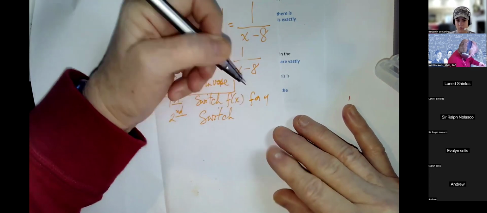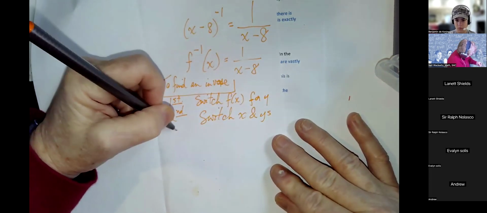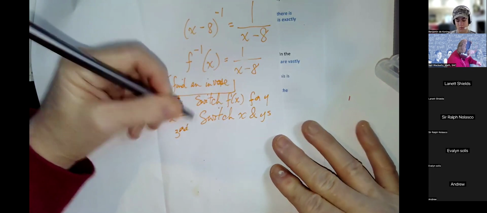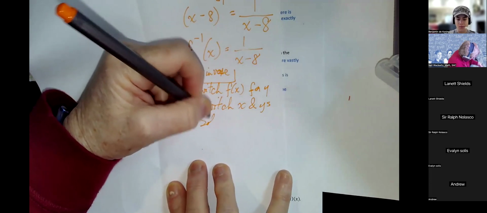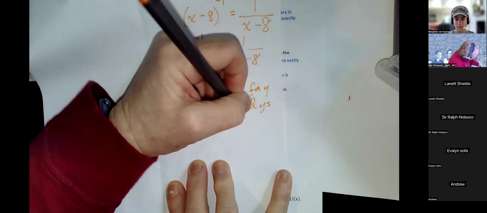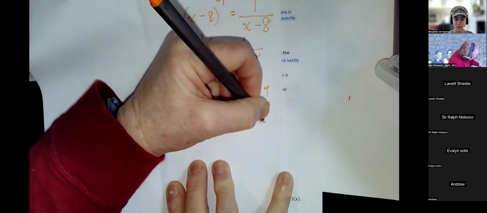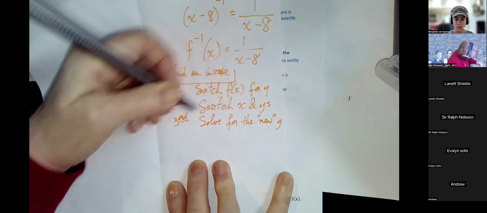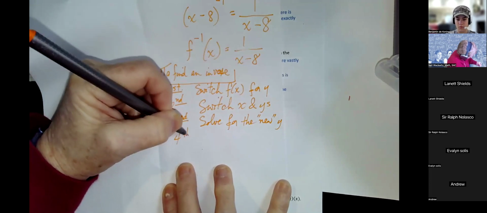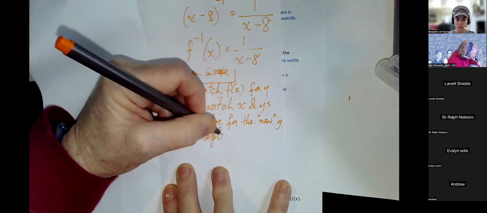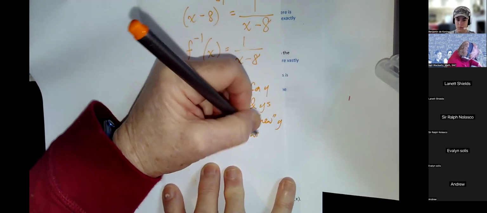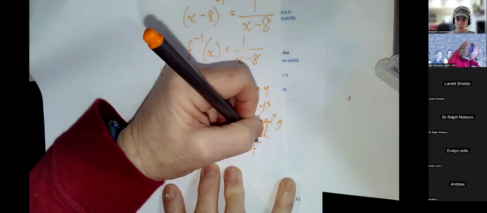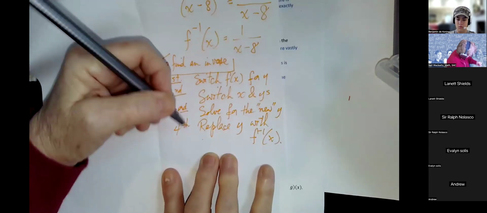Then you switch out all x's and y's. You solve for the new y. You replace that y with f inverse, and then you check.